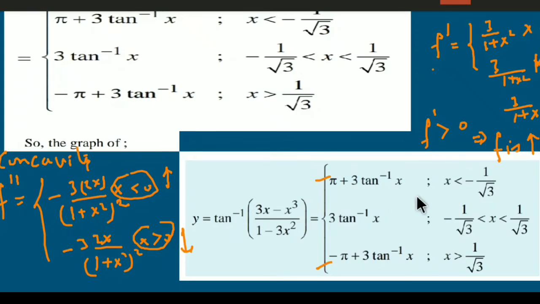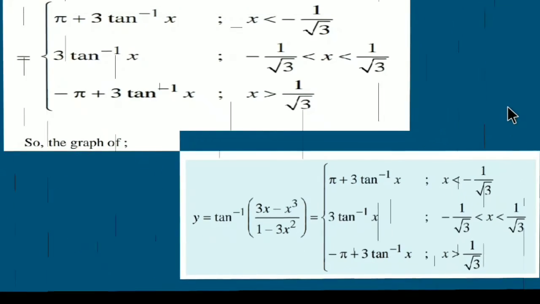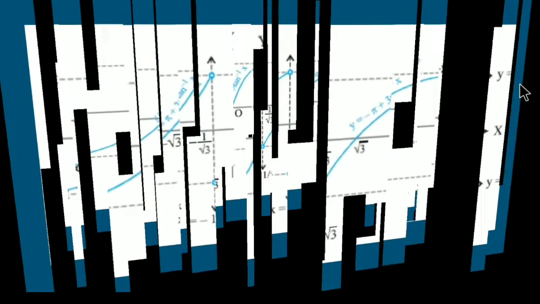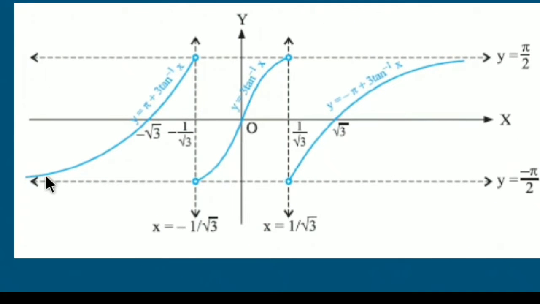So for all negative values, from minus infinity up to 0, concavity is upward, and here concavity is downward. So the graph pattern will go this way. This is the way to draw the graph here. As you can see, at 1 by root 3 and minus 1 by root 3 the function is discontinuous.